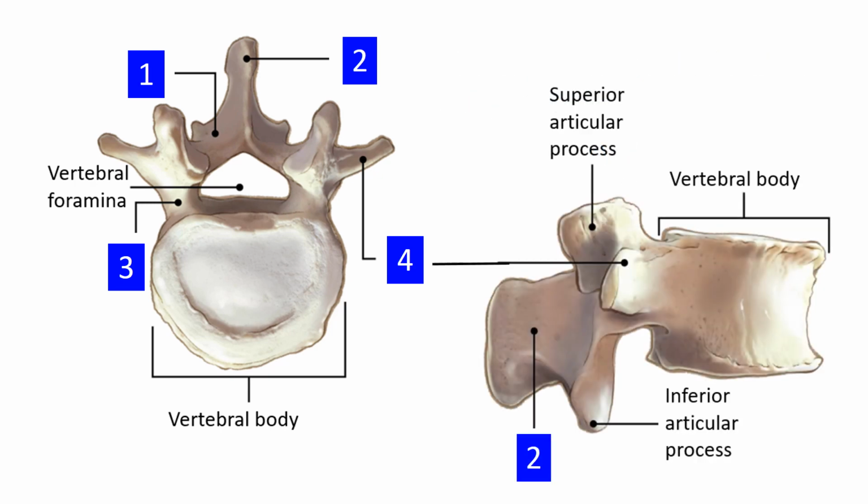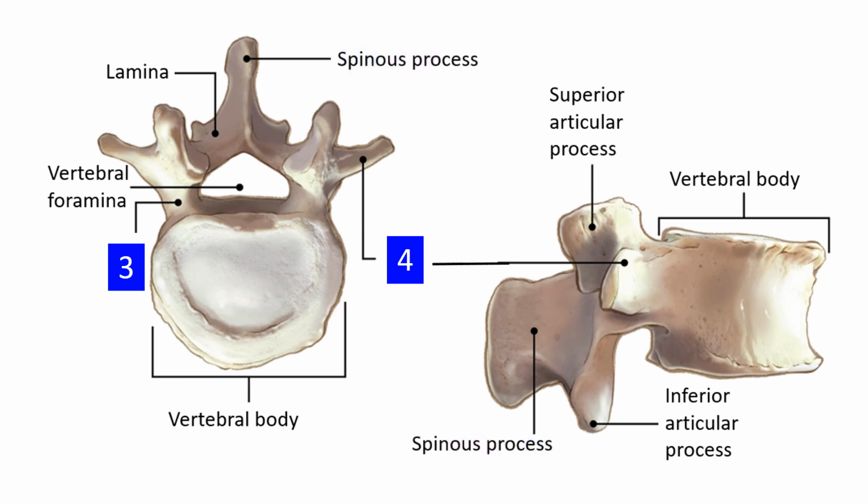In this frame, you can see a transverse and lateral view of a vertebra with the corresponding numbering. Number 1 is a lamina. Number 2 is a spinous process.